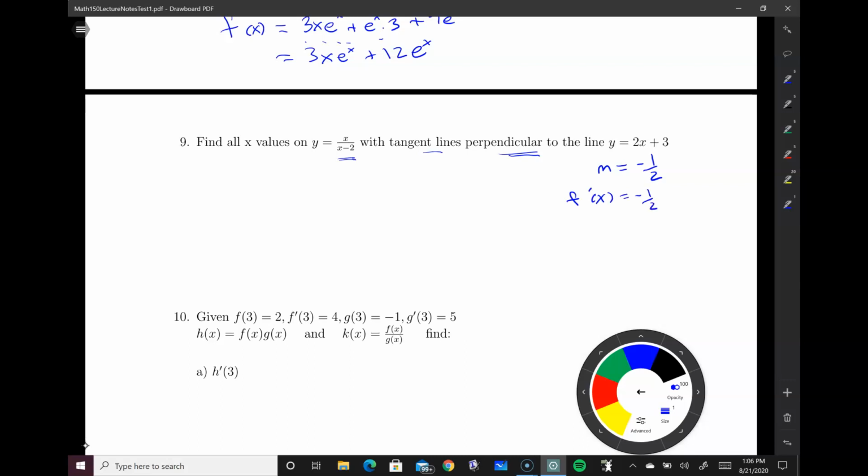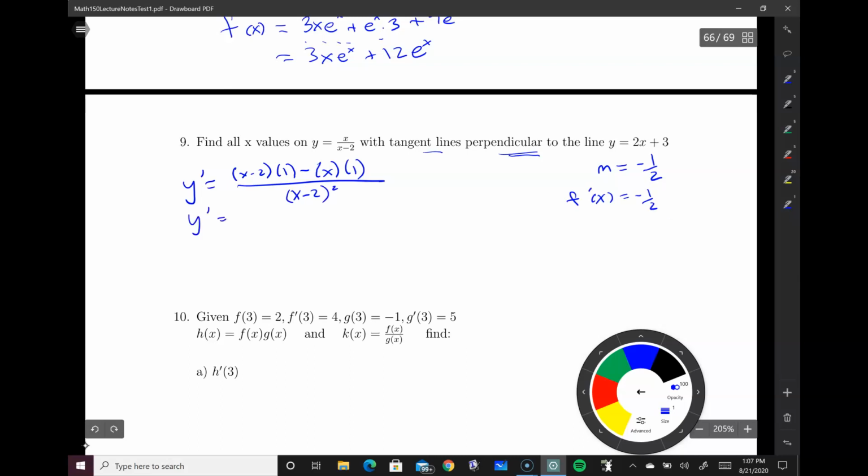Let's go find the derivative. Finding the derivative, you see the quotient rule. So y prime will be low d high, which is 1, minus high d low, which is another 1, square the bottom, and off you go.